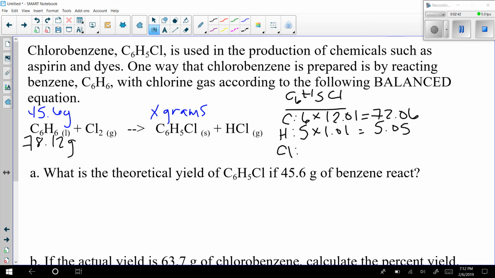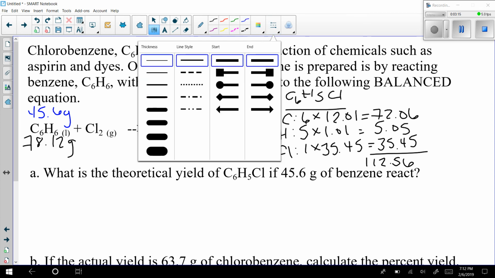And then chlorine, we have 1 times the mass of chlorine, which is 35.45. And that equals itself 35.45. And then we add those 3 numbers up for a grand total mass for chlorobenzene of 112.56. So that is the number that goes below our chlorobenzene for our proportion. So 112.56 grams.